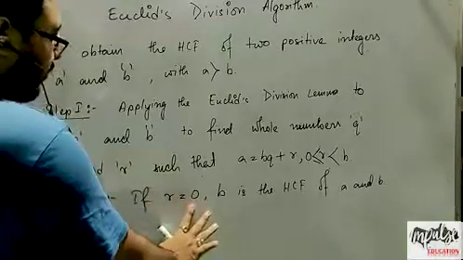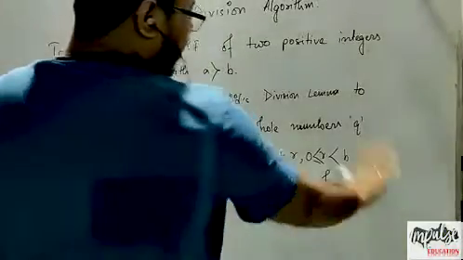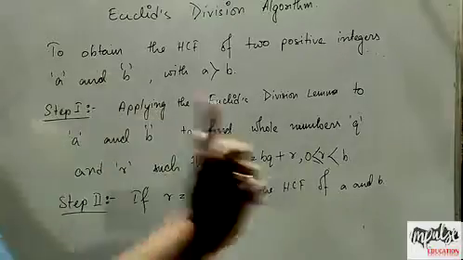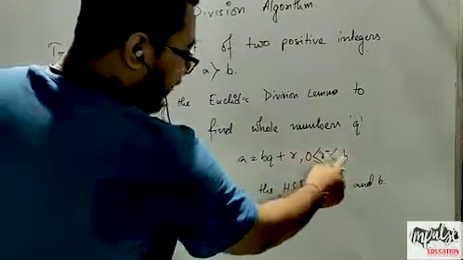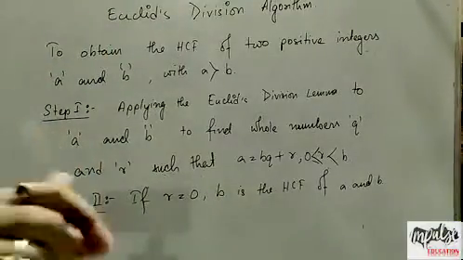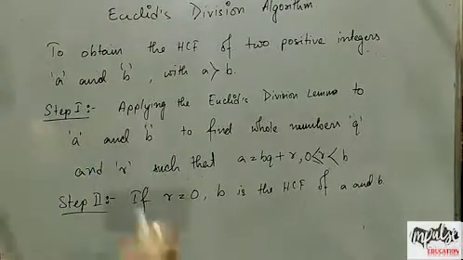Now if R equal to 0, B is the HCF of A and B. So the condition is that R can be equal to 0 or it can be less than B. That means it may be equal to 0, but it may not be equal to 0.